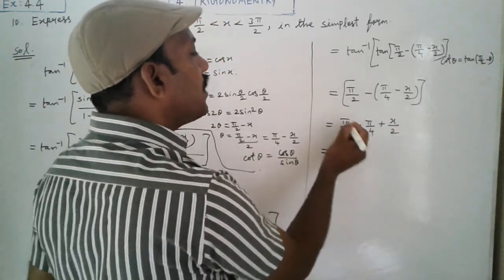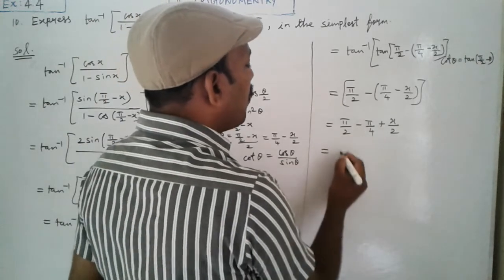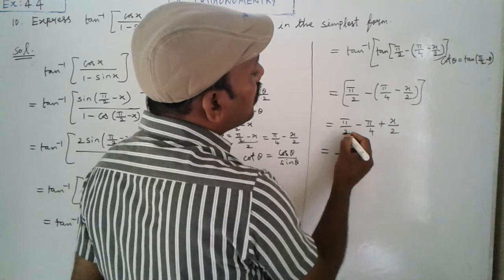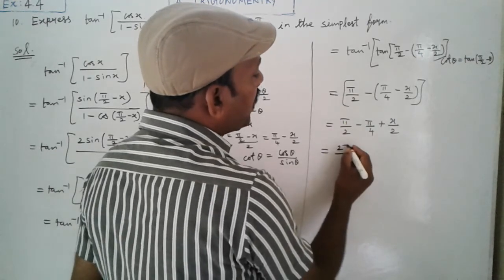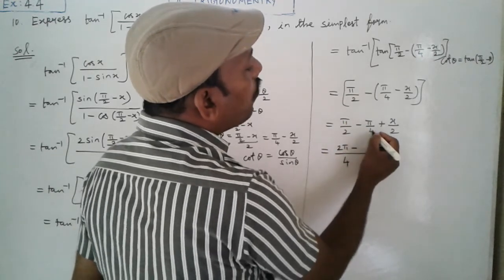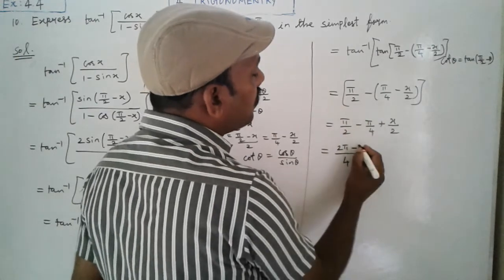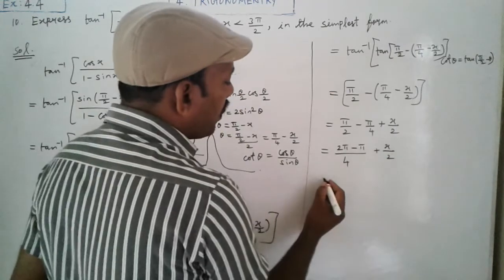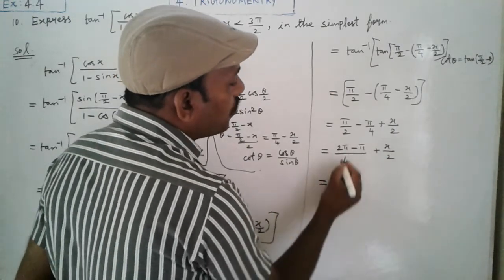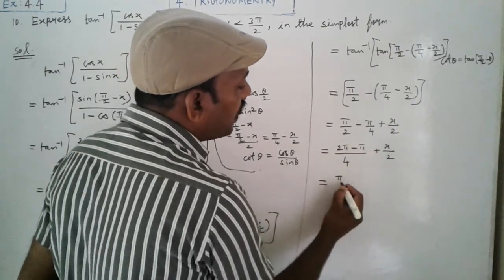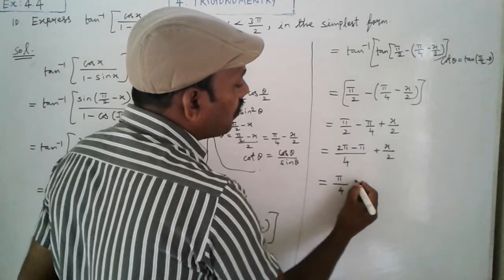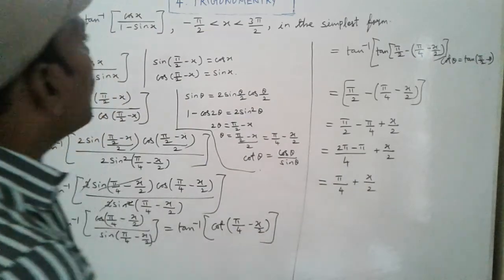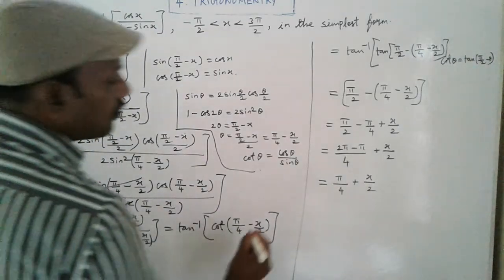Now take the LCM, 4 is the LCM for these two terms: 2 pi minus pi plus x by 2, that is pi by 4 plus x by 2. This is the simplest form.